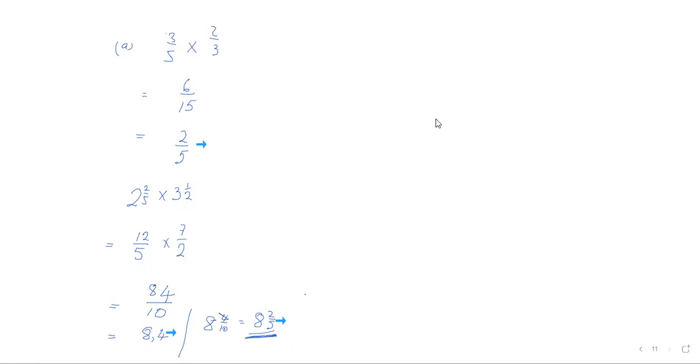Now let's have a look at what happens when we divide fractions. If I have 2/3 divided by 1 and 3/5.